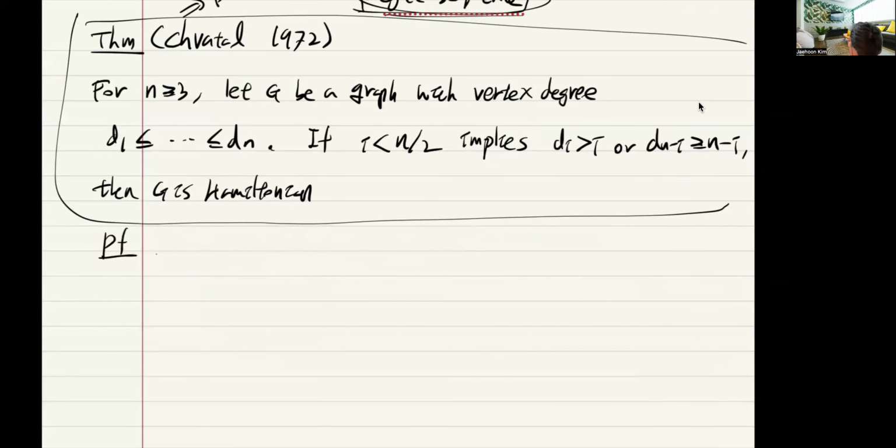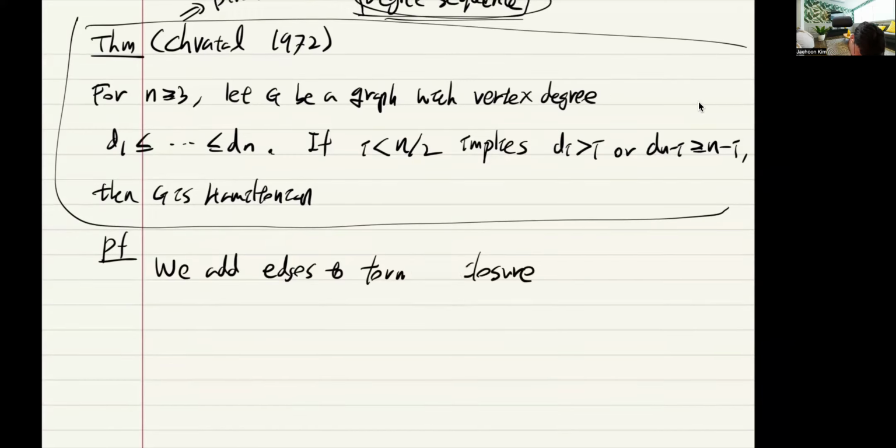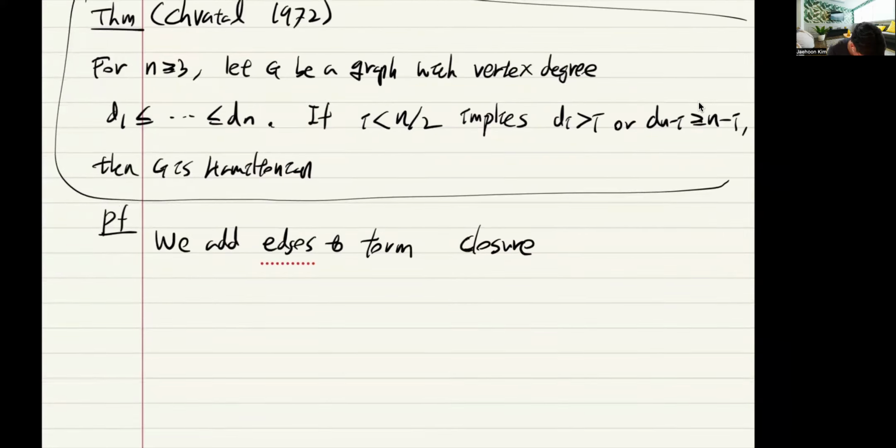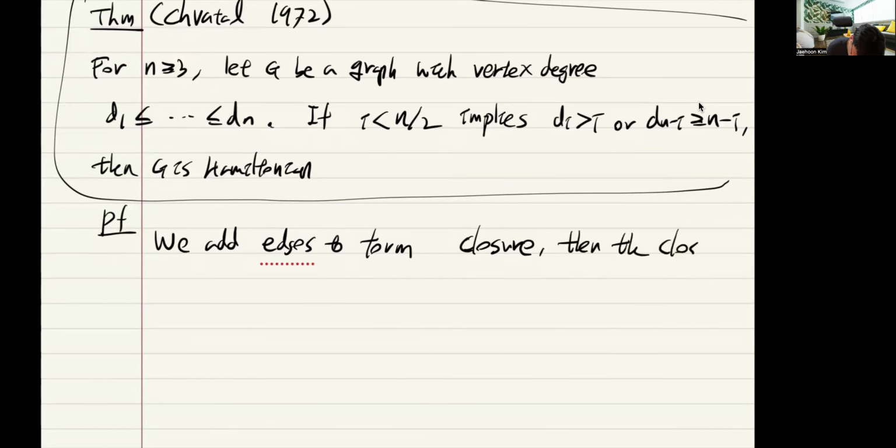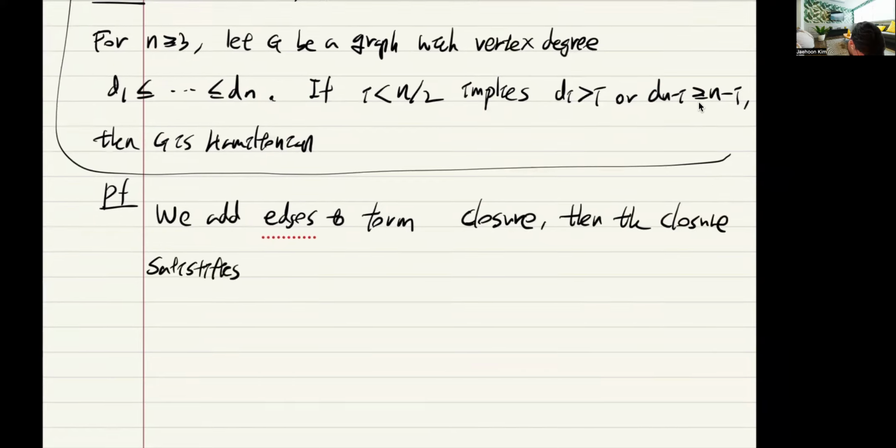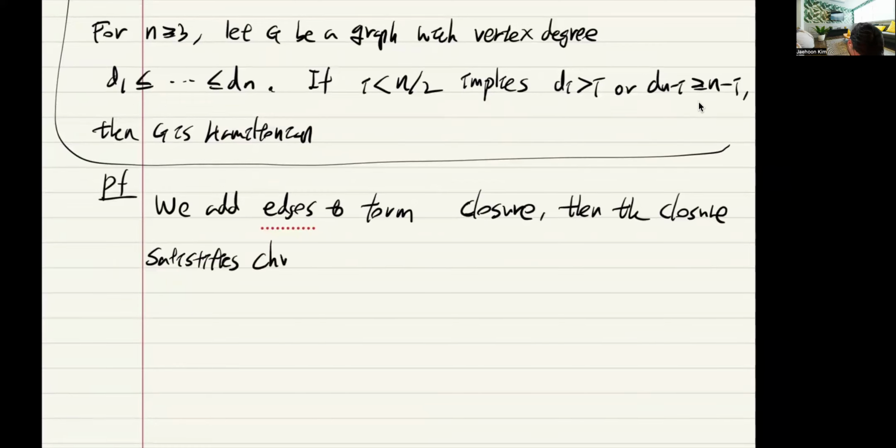We can prove this. So we add edges to form a closure. Then the closure surely also satisfies the Chvátal condition, because we added edges and didn't delete edges.